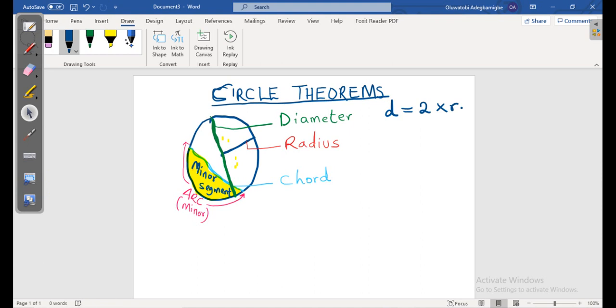Good. Now, there are also two things we need to quickly look at under the circle part. This is a circle, center O. The line drawn from here to here, if I label it as B, is called a radius. From here to here is another radius.